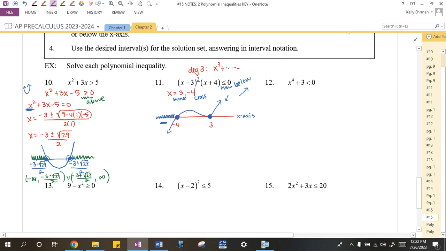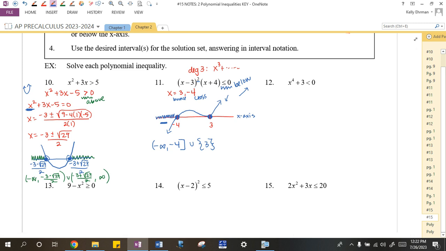It's positive between negative 4 and 3, and it's positive after 3. The question was, when is this graph less than or equal to 0? So less than 0 from negative infinity to negative 4, equal to 0 at negative 4, and don't forget about x equals 3. That's another value that makes this graph equal to 0.